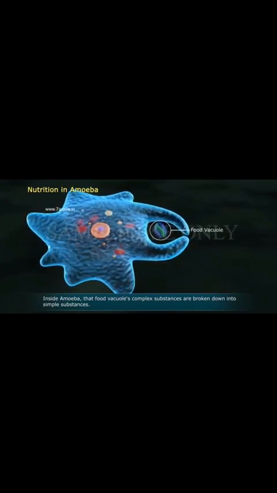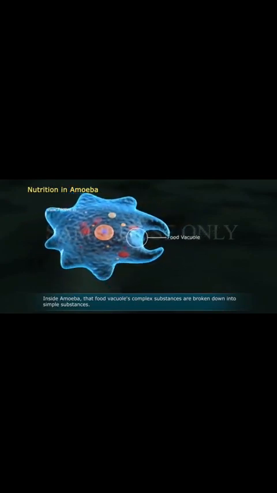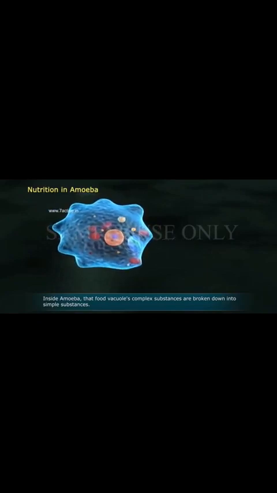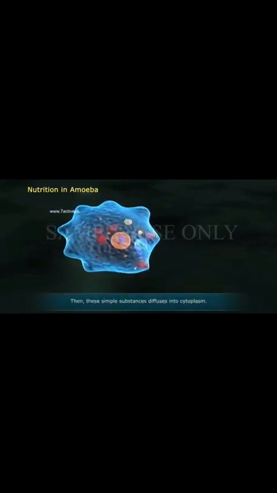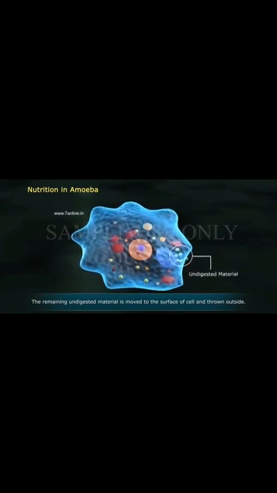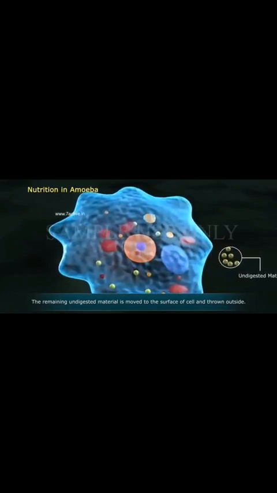Inside amoeba, the food vacuole's complex substances are broken down into simple substances. Then, these simple substances diffuse into the cytoplasm. The remaining undigested material is moved to the surface of the cell and thrown outside.